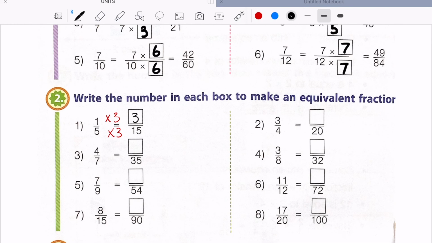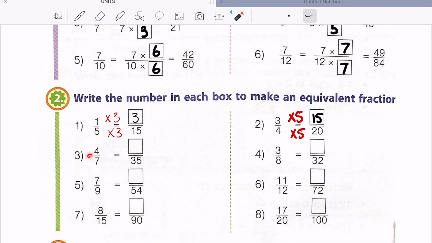So 4 times 5 is equal to 20. 3 times 5, because if we multiply the bottom by 5, we have to multiply the top. So 3 times 5 is equal to 15. 3/4 is equal to 15 20ths. Good. So let's try number 3.